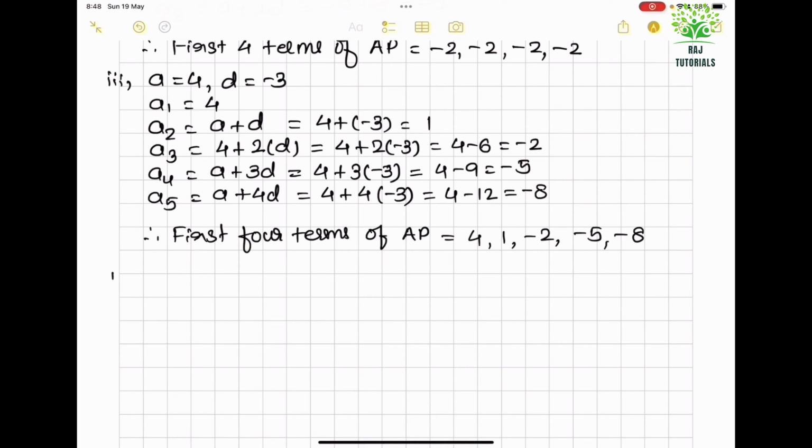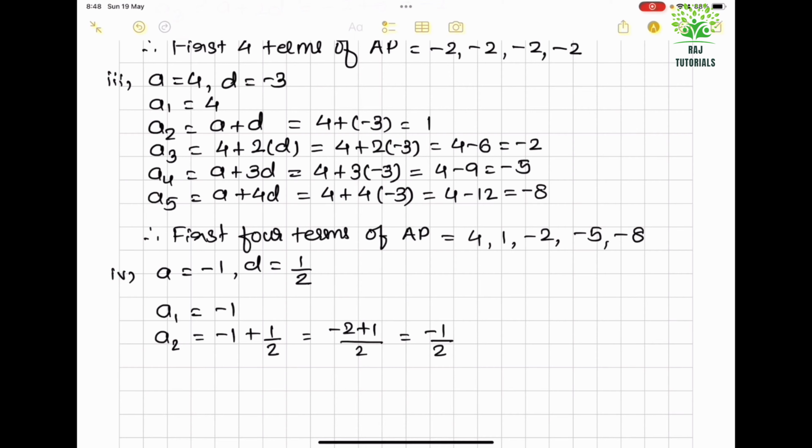Now, fourth one, it is said A equal to minus 1, D equal to 1 by 2. So, A1 will be minus 1, A2 will be minus 1 plus half, that is minus 2 plus 1 upon 2, minus 1 by 2. A3 will be minus 1 plus 2 into 1 by 2.